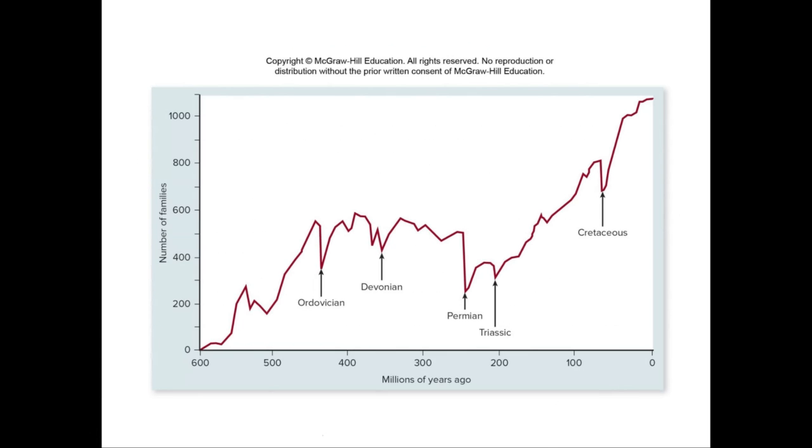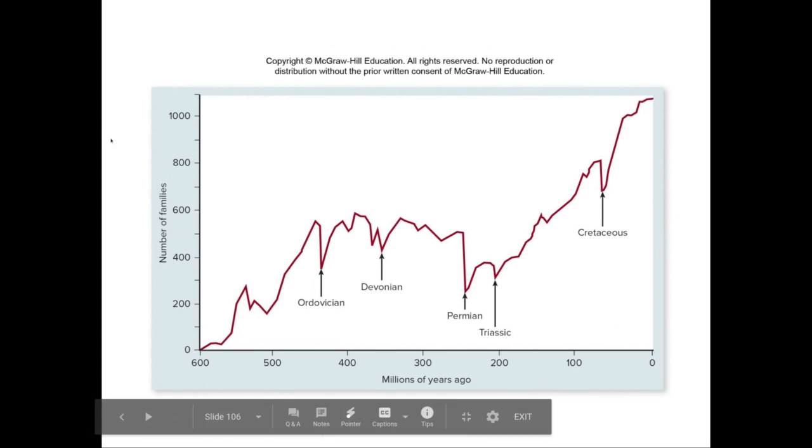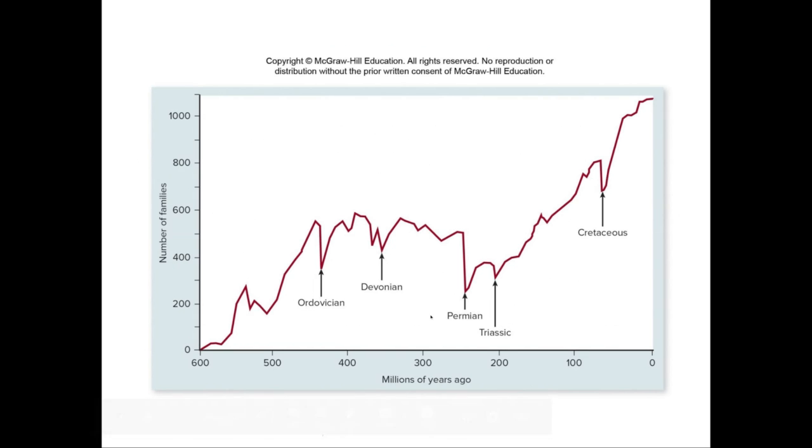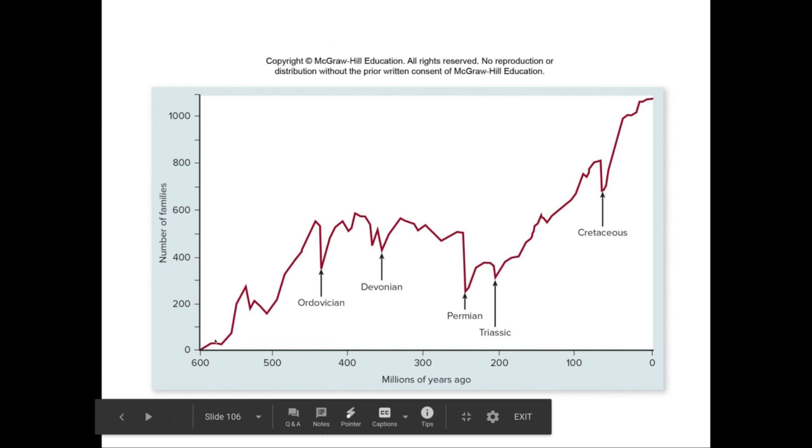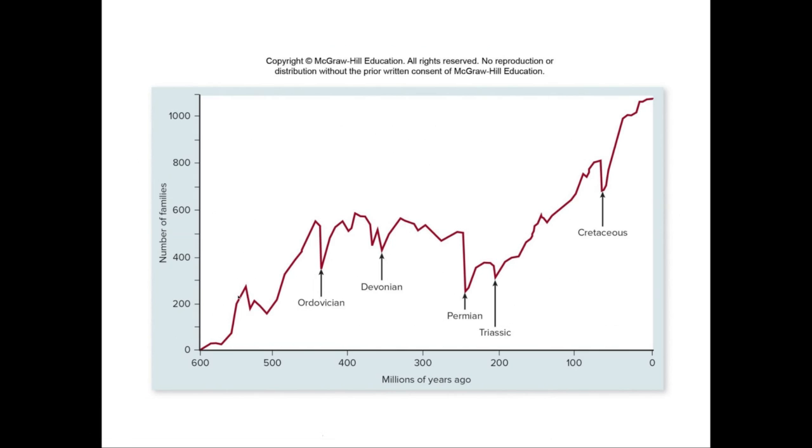But we can actually physically look at these mass extinctions over time. This is the number of biological families, and this is millions of years ago. We can look at how these families accumulate over time. So we see that they accumulate over an extended period of time. But then you see our first mass extinction here, where we have this huge drop.